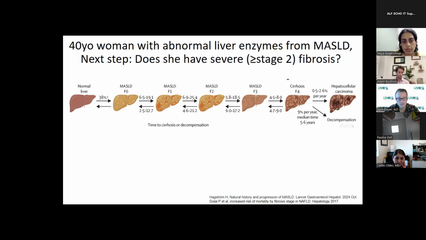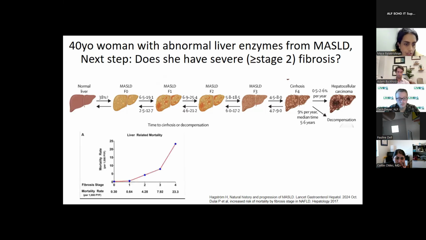And that's when people's risk for complications like cancer in the liver and decompensations like ascites and esophageal varices increases once someone develops cirrhosis. In the research that's been done, and Dr. Buckholz showed this same data, it's been found that patients who have stage 2 fibrosis or more at the time of evaluation are the patients who are most at risk for ultimately succumbing to complications from liver disease.